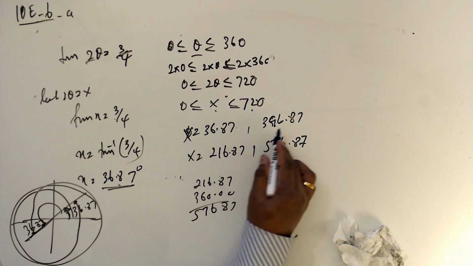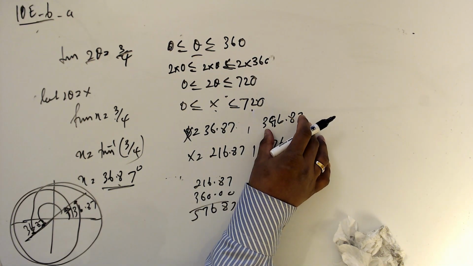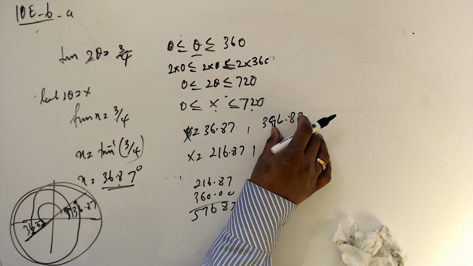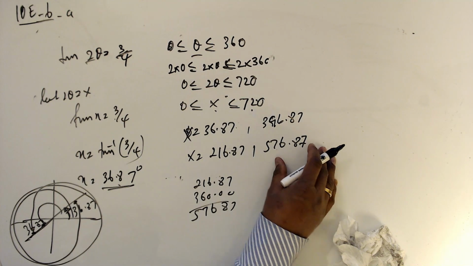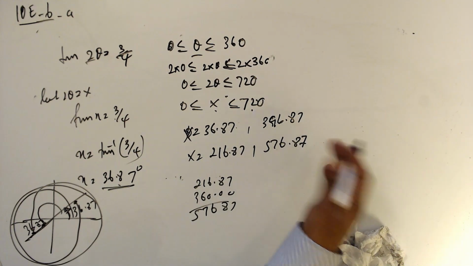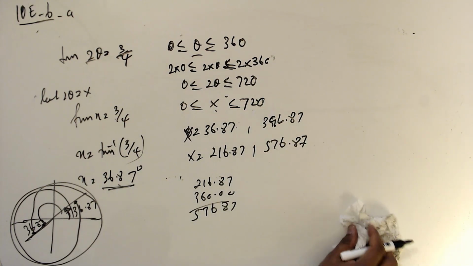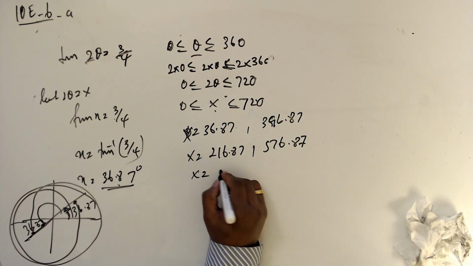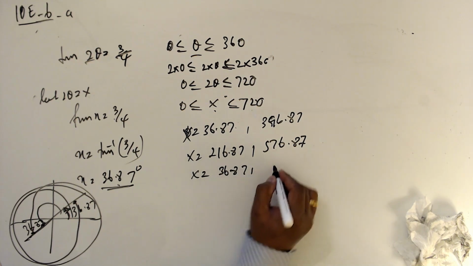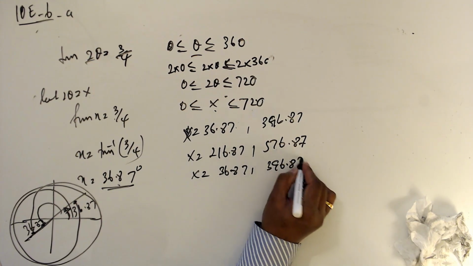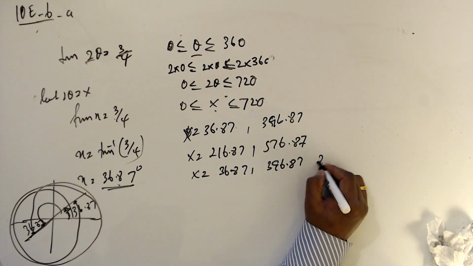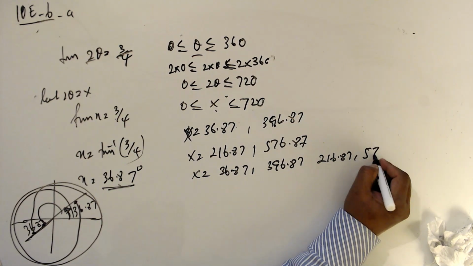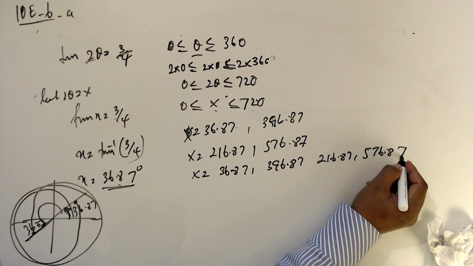Now if I add another 360, it is still over 720. So only four answers there: 36.87, 396.87, 216.87, and 576.87.